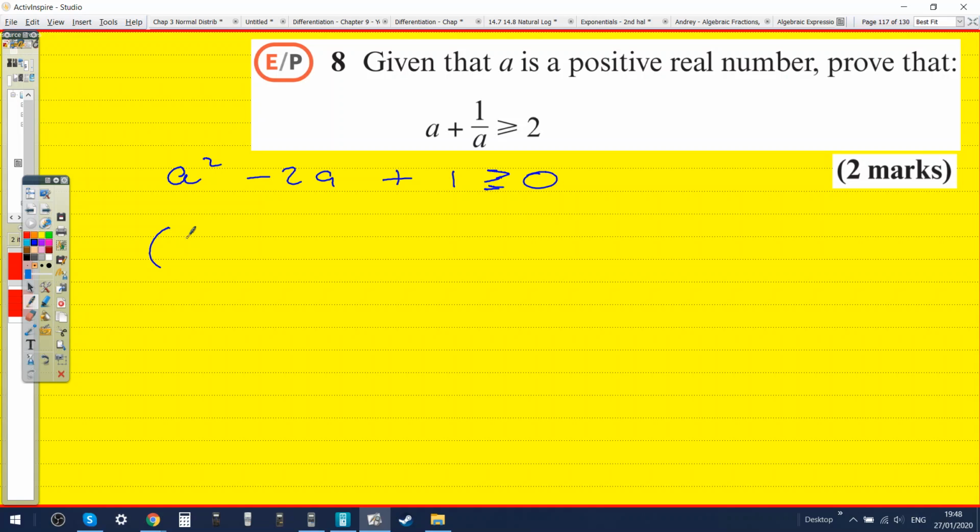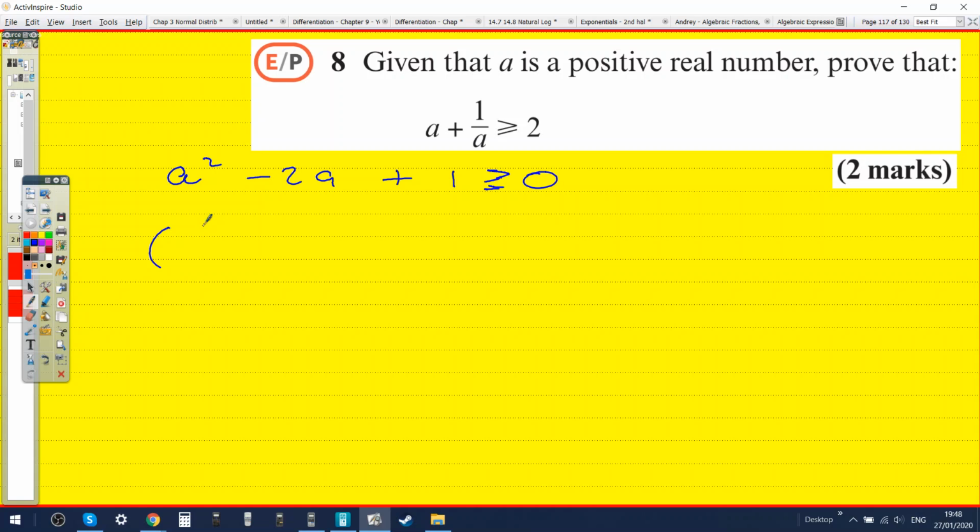Sorry, so do I now need to just put in 1 squared and then factorize that? Just factorize a squared minus 2a plus 1.